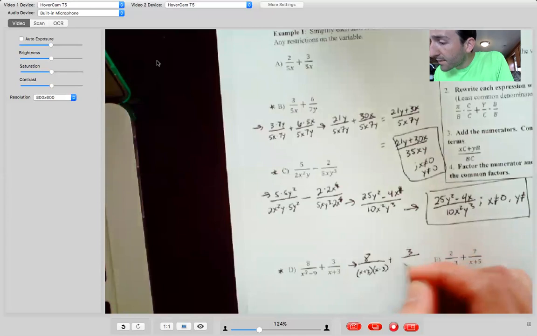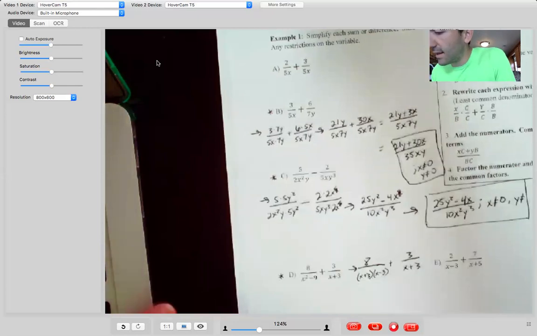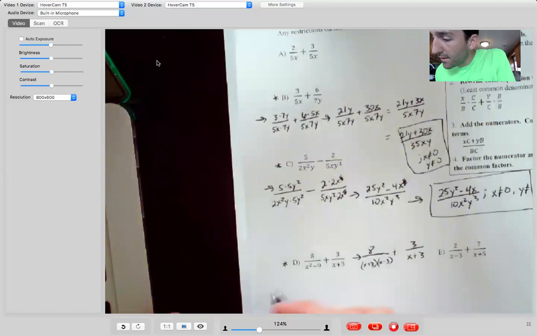So now we see all we really need to do is multiply this side by x minus 3 over x minus 3. They were pretty close as is. So the first one stays because it's got our whole common denominator.